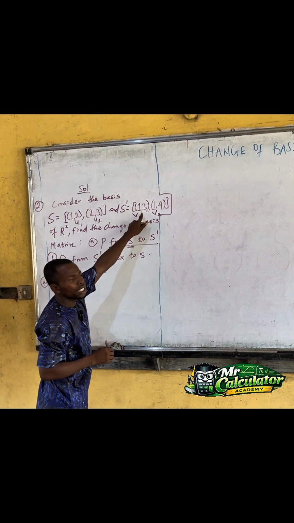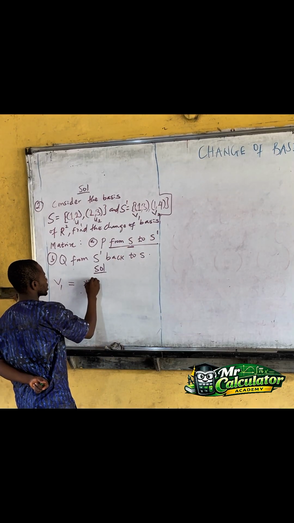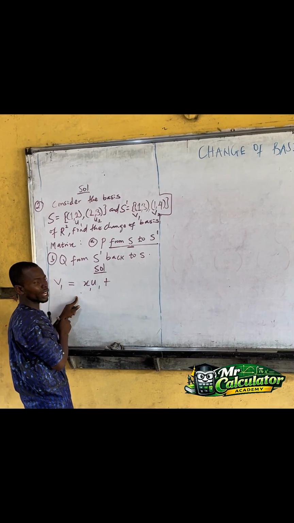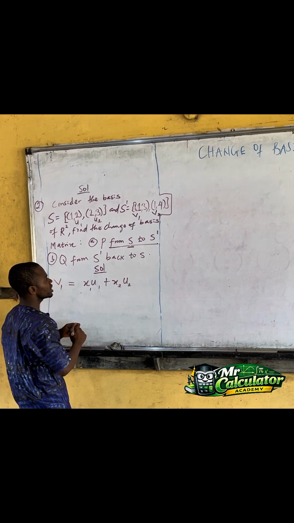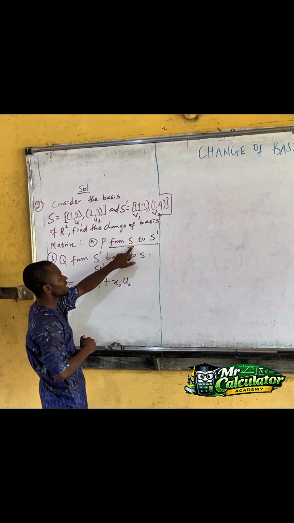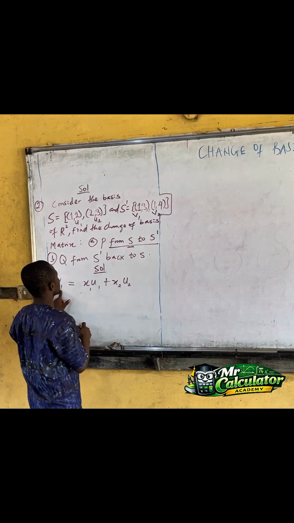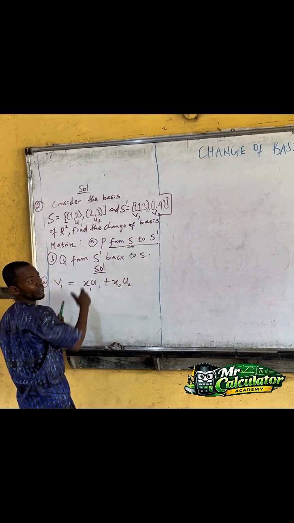So V1, which is 1, 3, right? But it will now be X1 U1 plus X2 U2, which means I've written the basis from S as a linear combination of a basis from S prime, which is V1, which means I will now substitute the value.